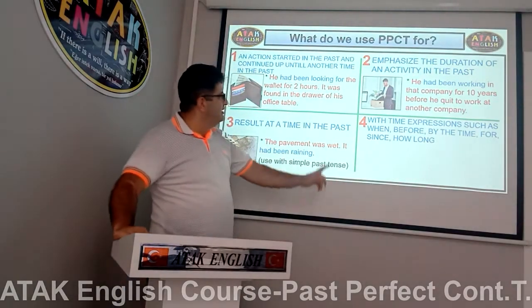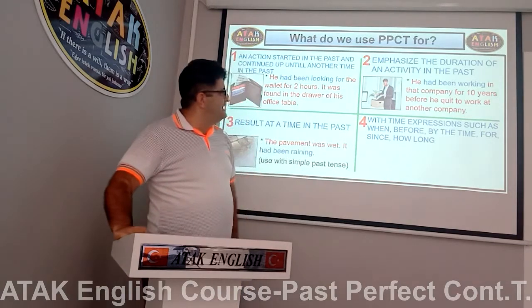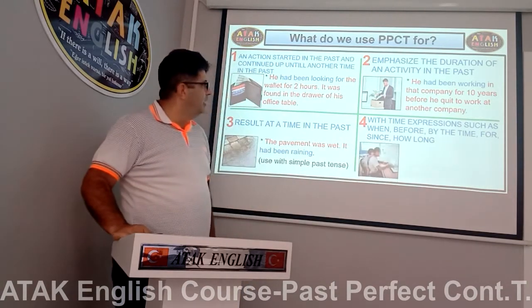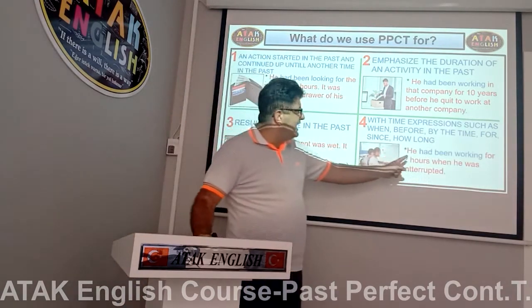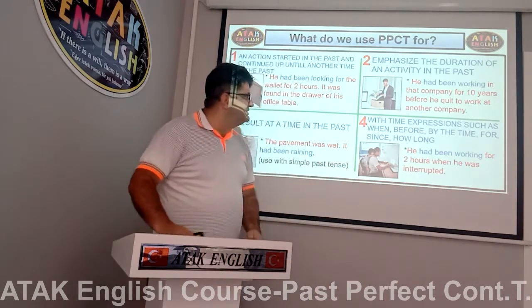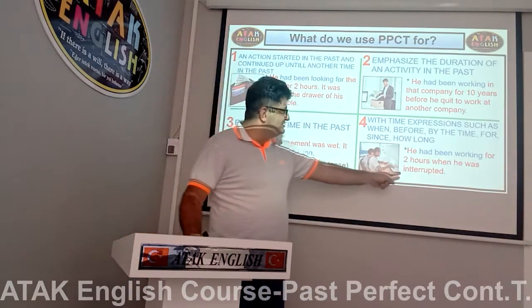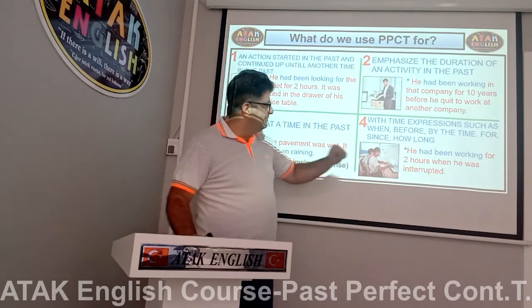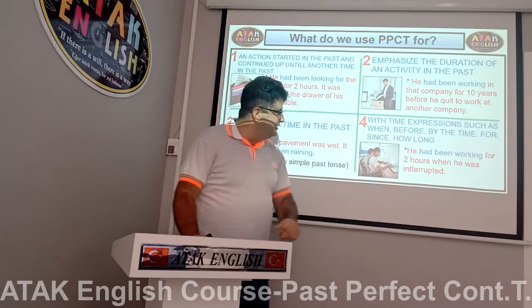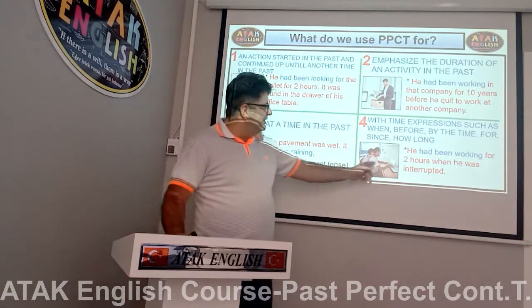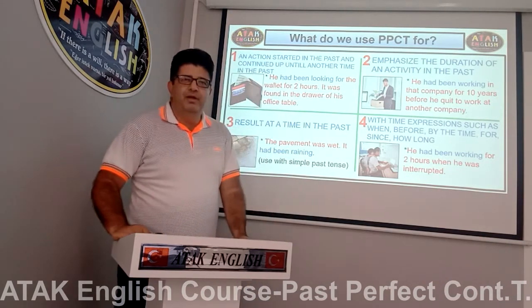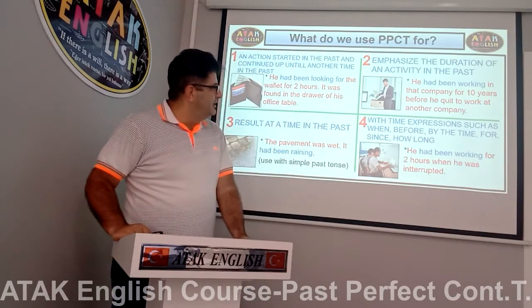And lastly, let's see the example for number 4. He had been working for 2 hours when he was interrupted, because most probably his daughter was stopping him, preventing him from working any longer.